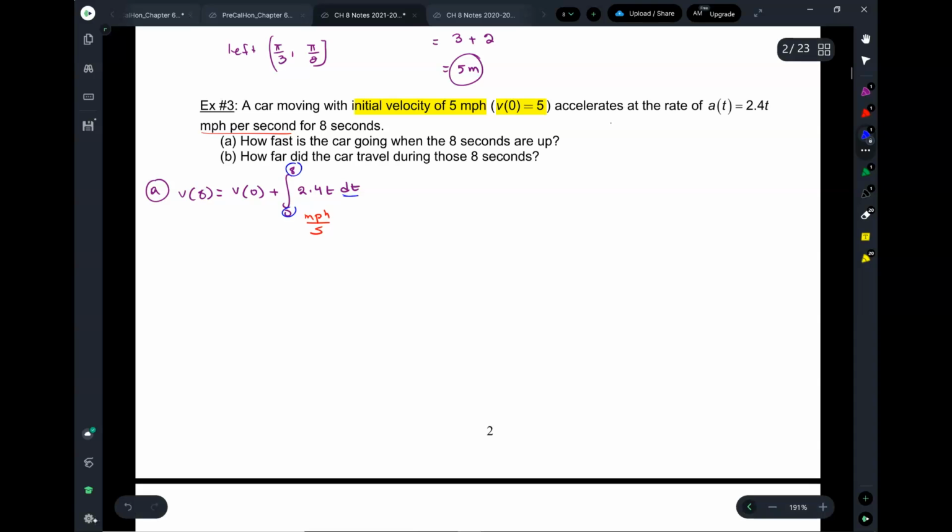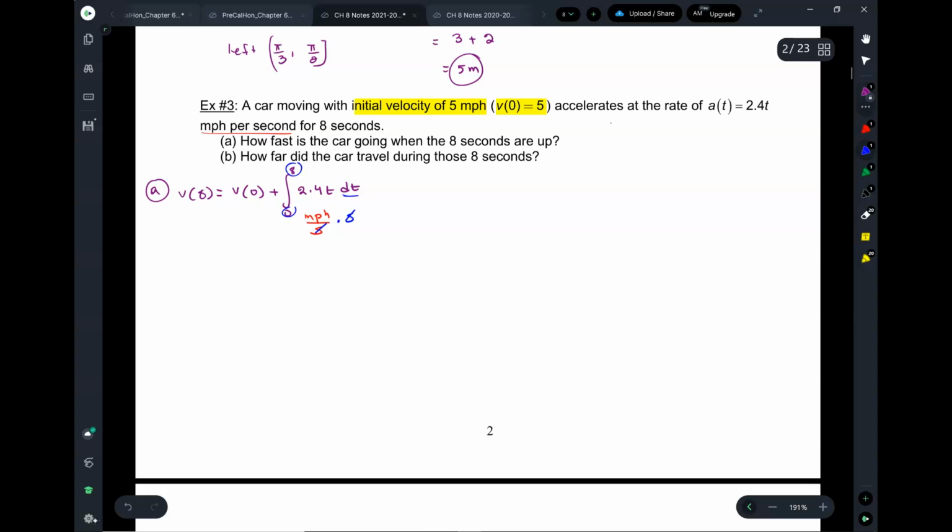So the 0, the 8, and the dt go together. They have the same units. So it's times 8 seconds, basically. That's in seconds, so that goes away, meaning you're left with miles per hour. And that's important to know because the v of 0 is also in miles per hour. So you want to make sure that you're adding consistent units.